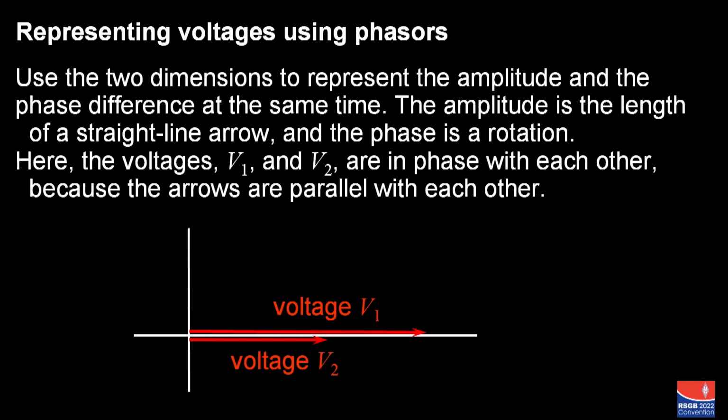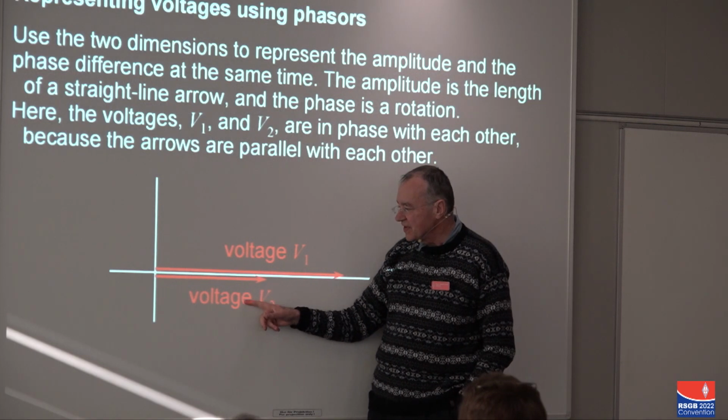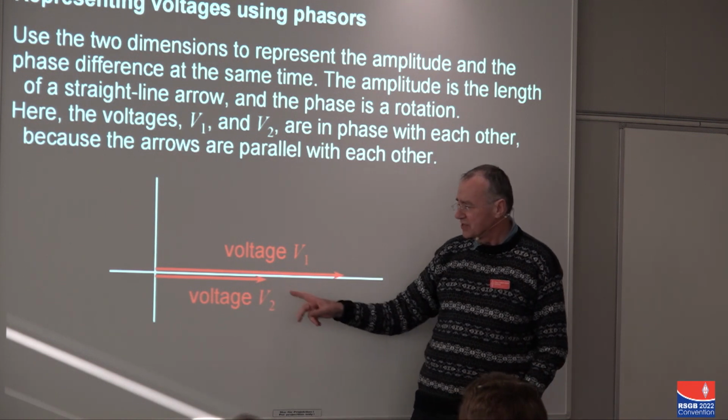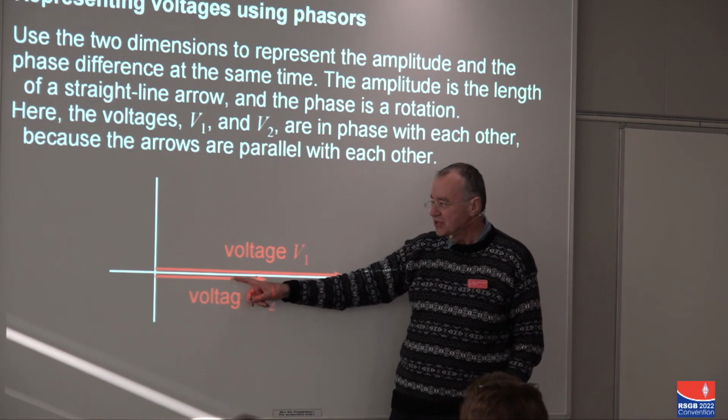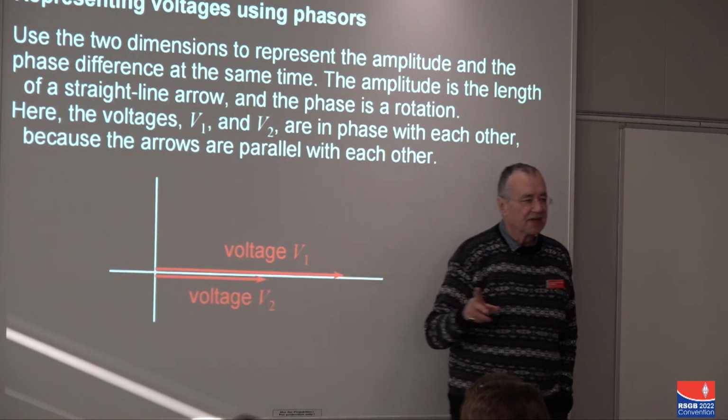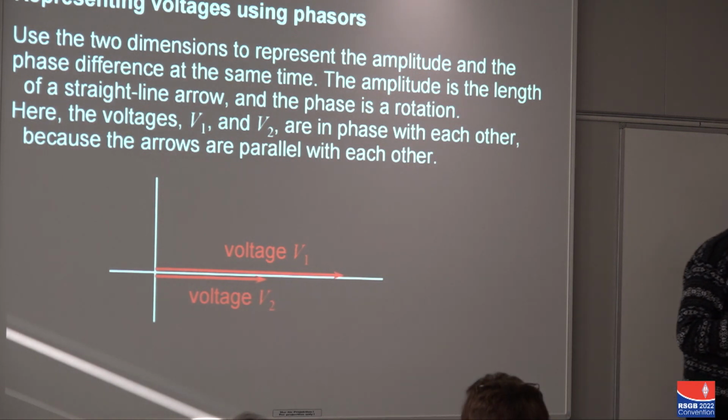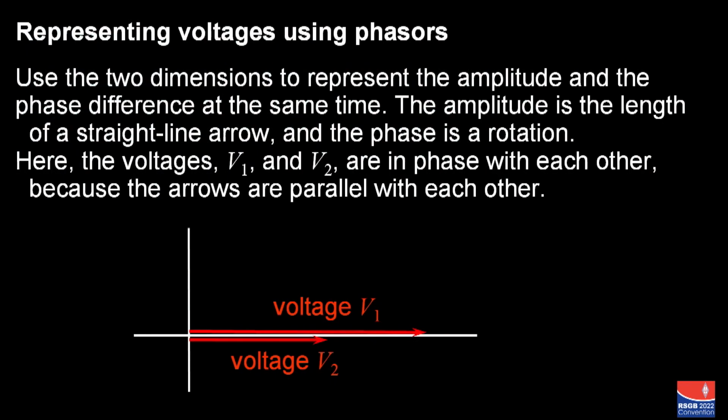The length of the arrow represents how big it is. The higher the voltage, the greater the amplitude, the longer the length. And here's voltage V2, which is of a lower amplitude. But these 2, parallel to each other, are in phase with each other. So here we have a representation of 2 voltages in phase with each other.